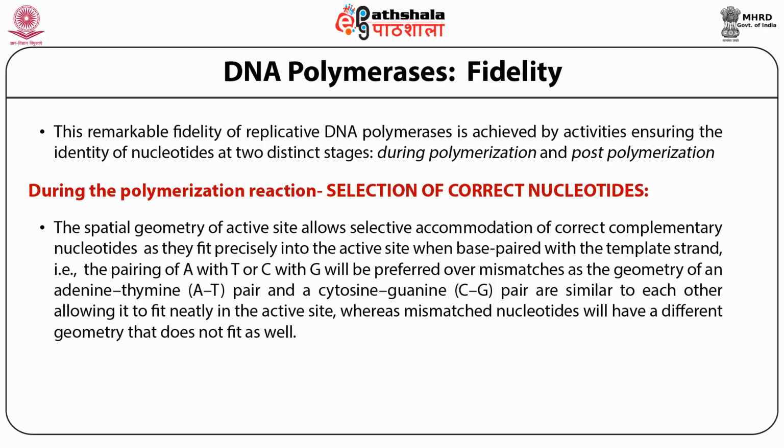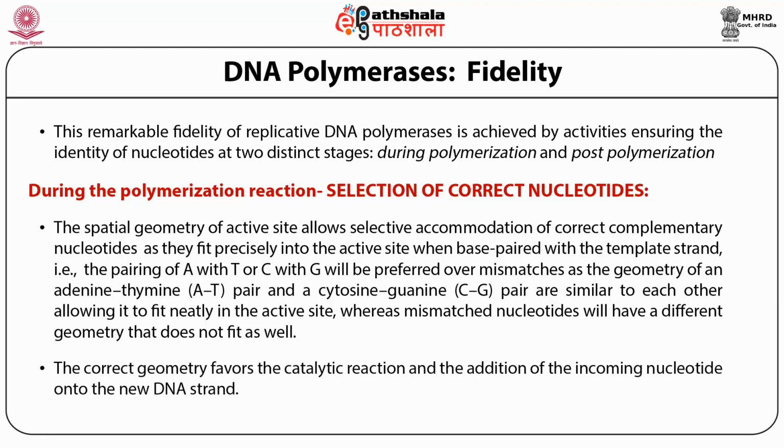That is, the pairing of A with T or C with G will be preferred over mismatches, as the geometry of an adenine-thymine pair and a cytosine-guanine pair are similar to each other, allowing them to fit neatly in the active site, whereas mismatched nucleotides will have a different geometry that does not fit as well. The correct geometry favors the catalytic reaction and the addition of the incoming nucleotide onto the new DNA strand.